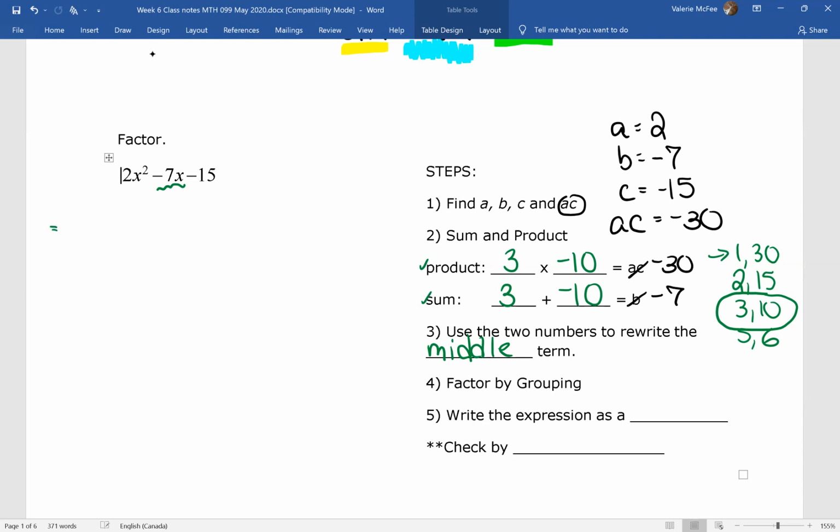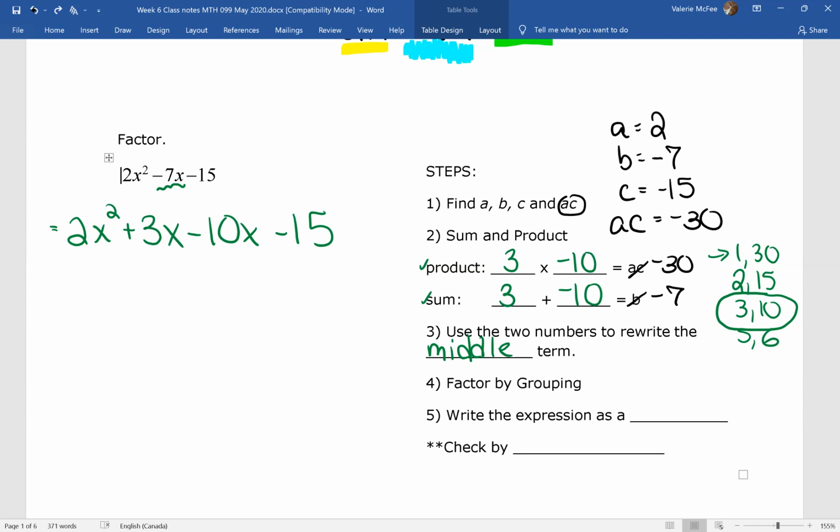So this whole thing becomes 2x squared plus 3x minus 10x minus 15. So notice that instead of writing negative 7x, we put 3x minus 10x.